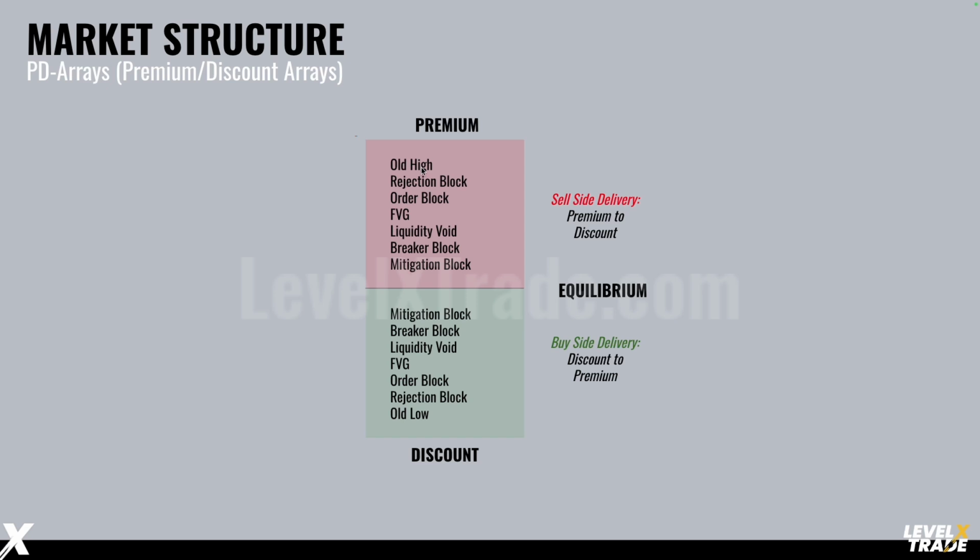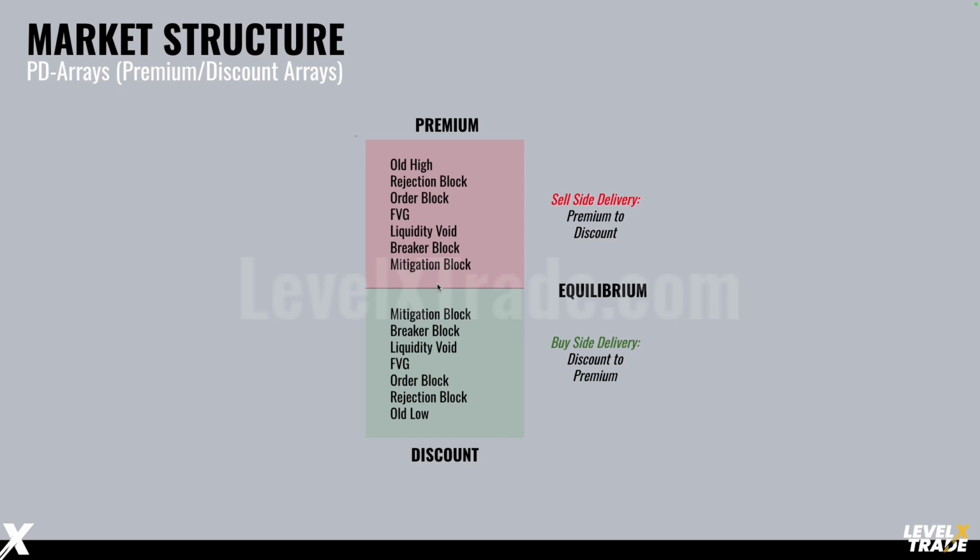And you have old high, which is one of the PD arrays, rejection block, order block, fair value gap, liquidity void, breaker block, mitigation block. Each one of these things we're going to be covering in a separate video.